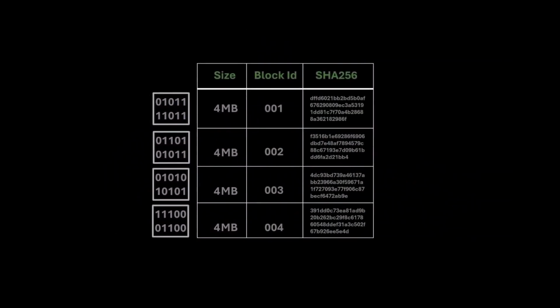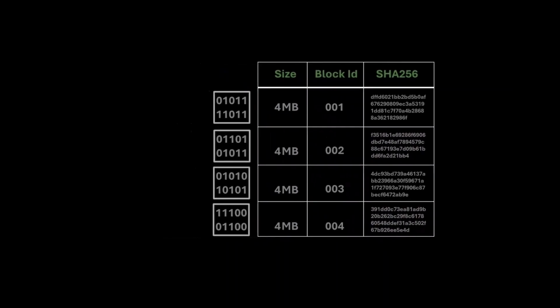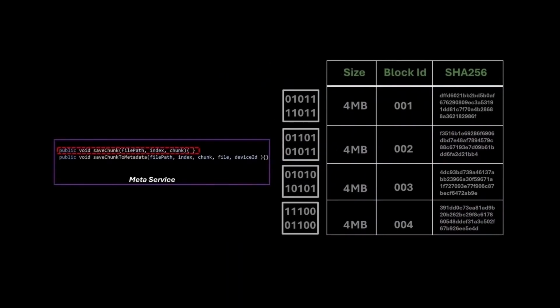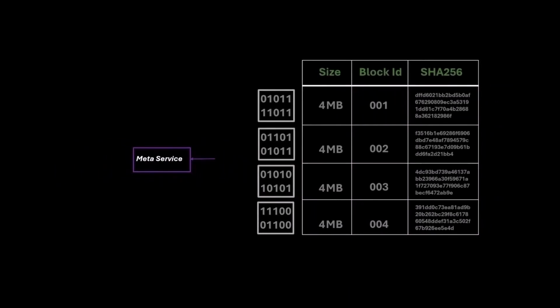So this is the tabular representation of the new chunks, which is the list of chunks, right? Which the chunker service has passed on to the sync bits. And this is the meta service, and we are iterating each object of new chunks and passing that particular chunk to the meta service.